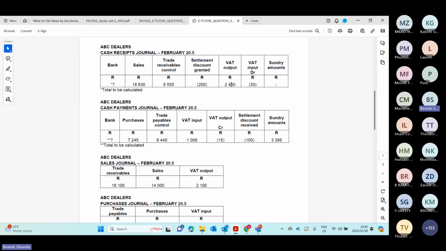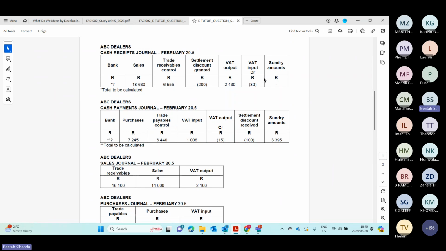Remember, even if this is accounted as VAT output, we still received the cash. So here we are looking for the cash that was received. So we are going to add it so that we determine how much cash was received. And then we take this out because now we need to adjust the output tax by that amount that we are not going to receive. So it's a total of all these amounts. Thank you very much. I did get that.